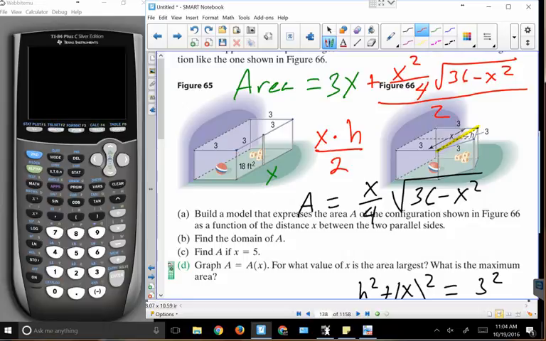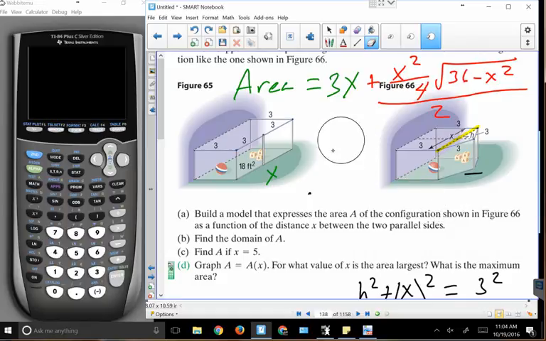We're going to end up having to do some more simplifying for this whole formula. So what we end up with is one formula that rules them all.